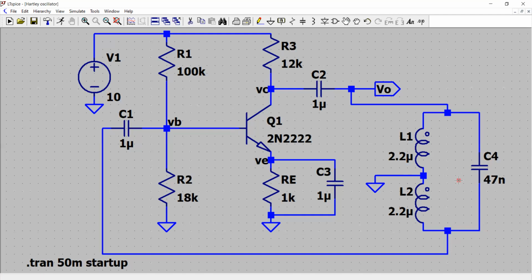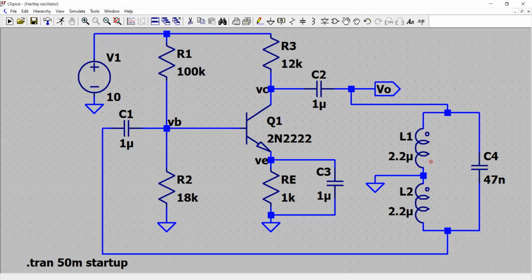Now I need to satisfy the two conditions for oscillation produced by this circuit. One is the loop gain, which is the product of the gain of the amplifier A multiplied by the beta factor, or attenuation factor, or the gain of the feedback network beta. So A times beta has to be greater than or equal to 1.